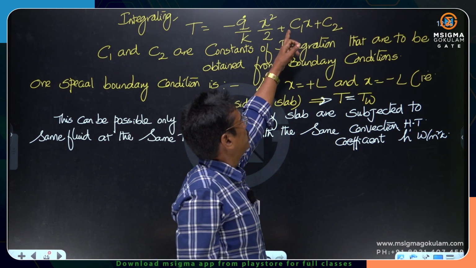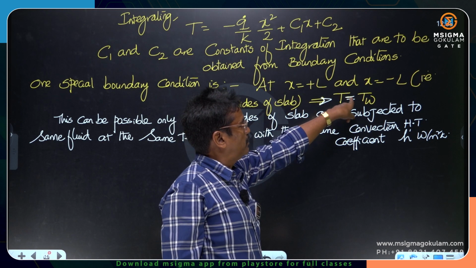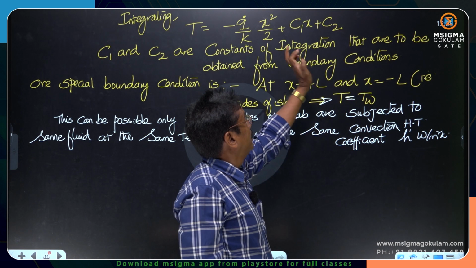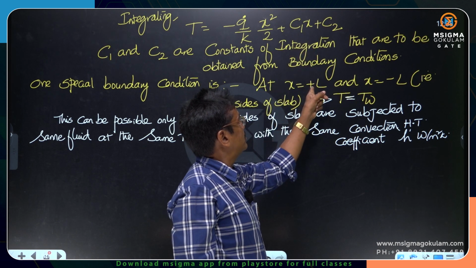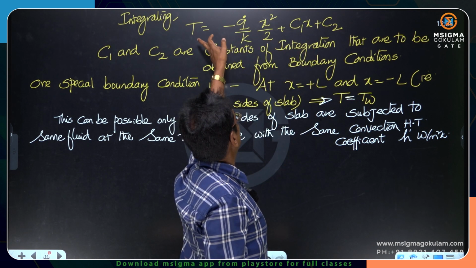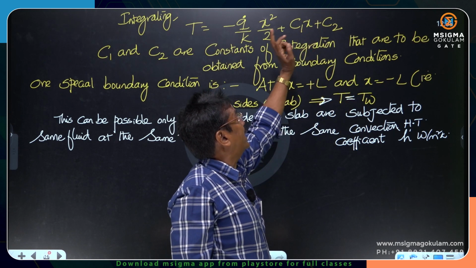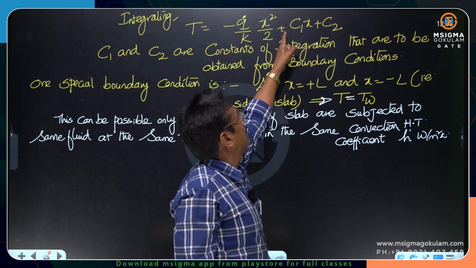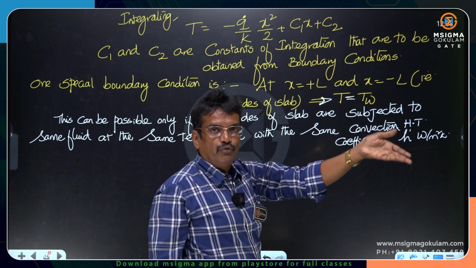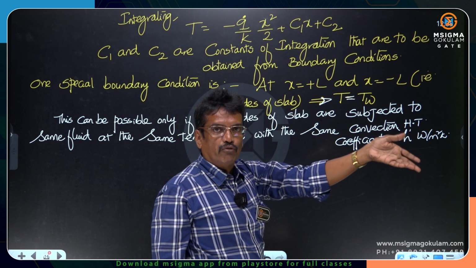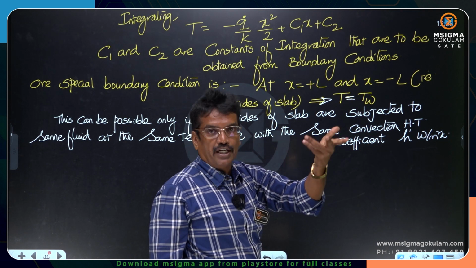The C1 value should be 0 to satisfy this particular boundary condition. Why? If you keep x equal to plus L, you get some temperature. If you keep x equal to minus L, you cannot get the same temperature because the minus sign will come out. If you add C1x, you will get one value; if you subtract C1x, you will get a different value.